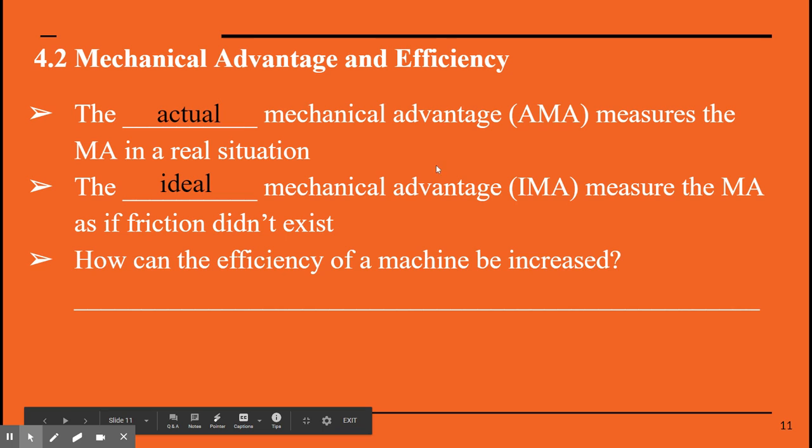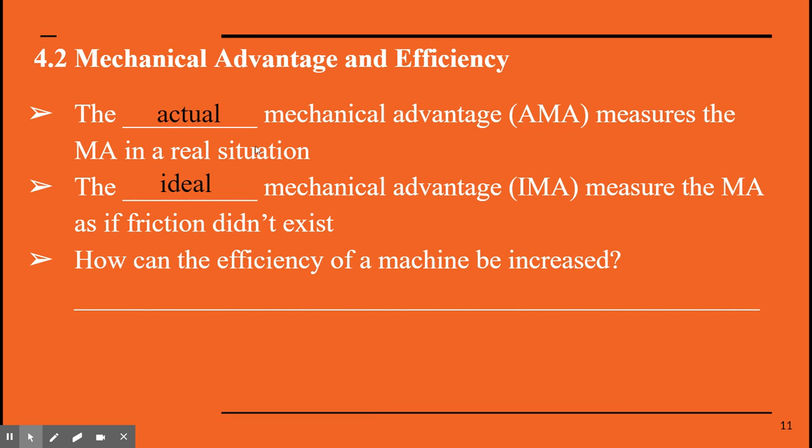It's what you get in a real scenario, what you would get by doing a task with your machine. So your ideal machine would have a perfect mechanical advantage, but you're never going to get that out of it. Comparing these two, take your actual mechanical advantage, divide it by your ideal mechanical advantage, and that'll tell you what your efficiency would be as well.